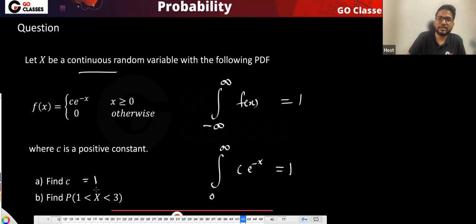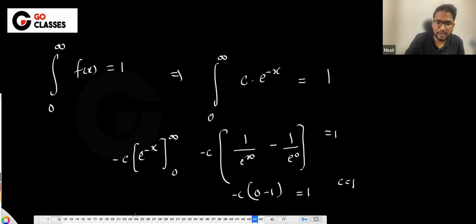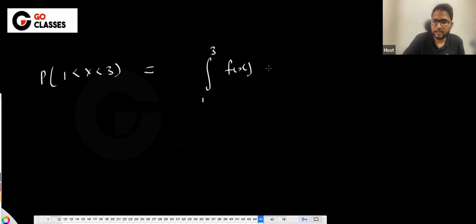Now they're asking what is the probability that X is between 1 and 3. That is the same as the integration from 1 to 3 of fx dx, and fx is c into e power minus x, basically e power minus x. Now you can calculate it.